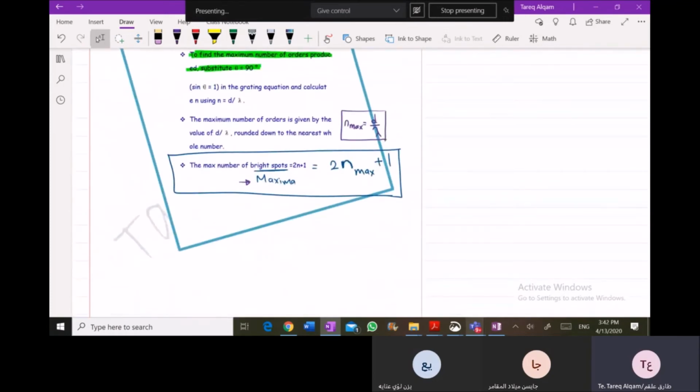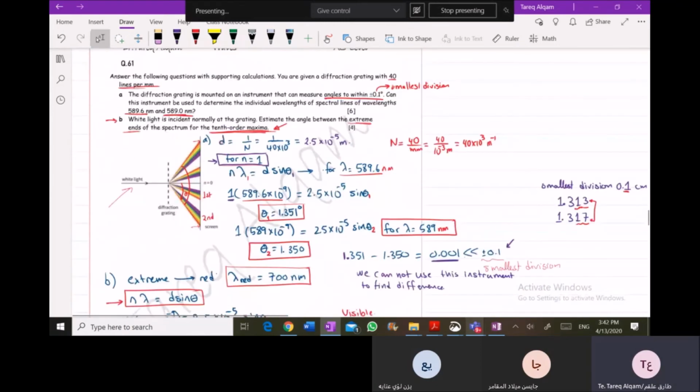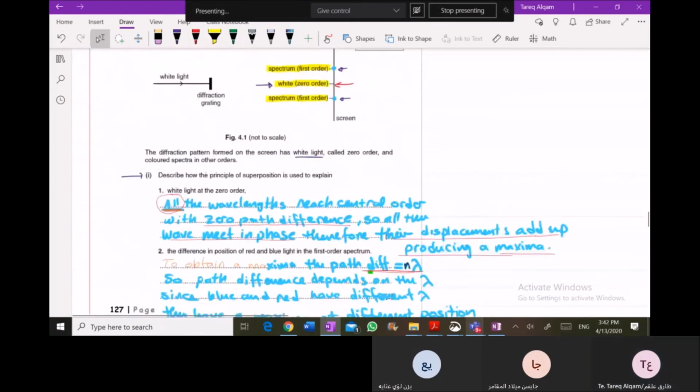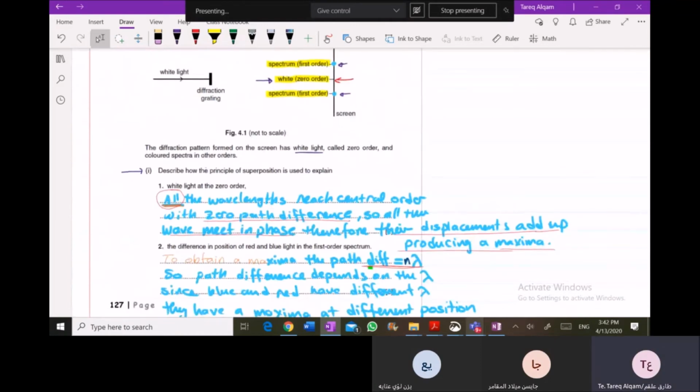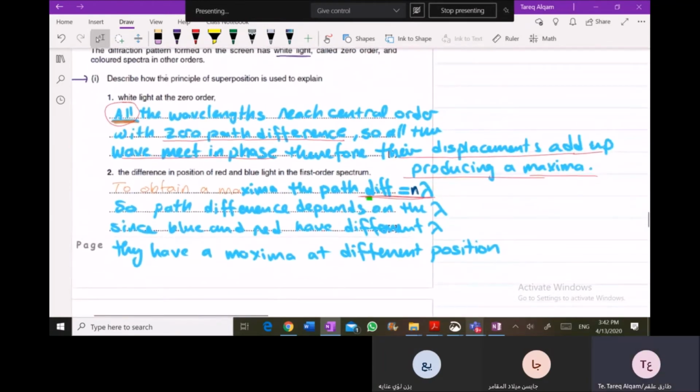Roughly speaking, if all the colors appear at the same point, they mix together, producing white. And all the wavelengths reach the central order with 0 path difference, so all the waves meet in phase, therefore their displacements add up, producing maxima.